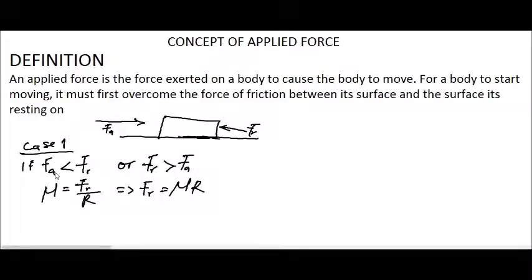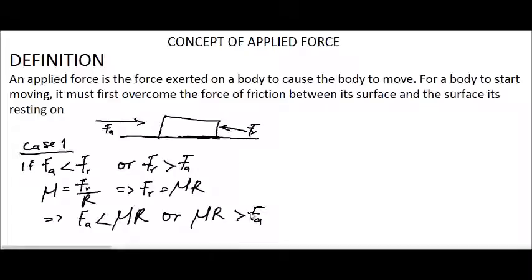So if the applied force is less than the frictional force, it implies that F subscript A is less than mu R, that's coefficient of friction times normal reaction. Or we can say for the frictional force, that's mu R, that is greater than the applied force.